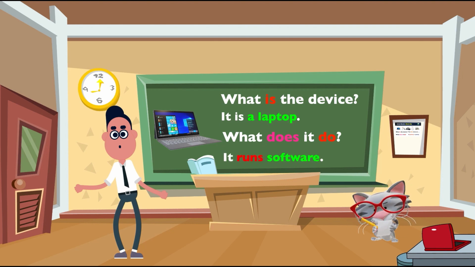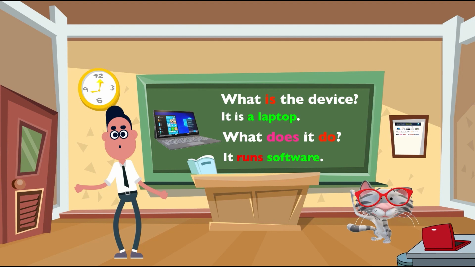It runs software. Yeah, so notice how we've gone from the do verb to an action verb here, run. Here, run means operate. It operates software. Yeah, so we use actions from the real world to describe actions of computers in the virtual world and how this hardware functions.